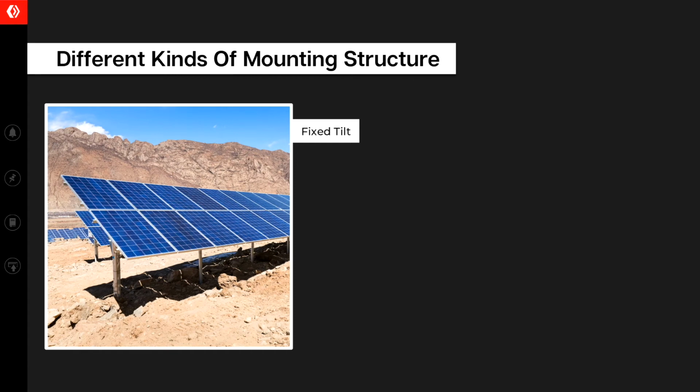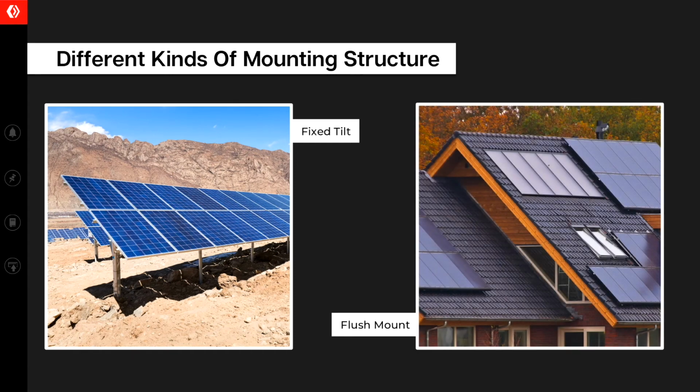The next kind of structure is the flush mount structure, as you can see right here. In flush mount structures, the modules are laid flat to the roof surface. Flush mount structures are quite widely used in residential projects and in commercial projects which have an inclined roof.